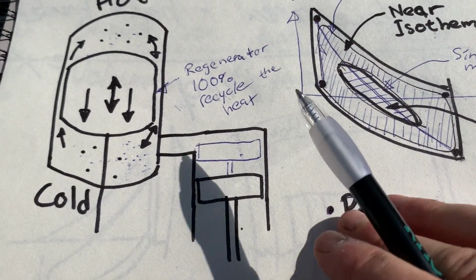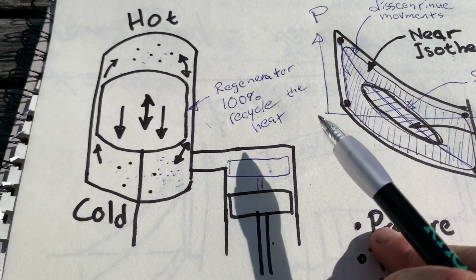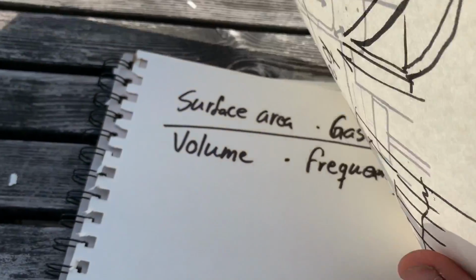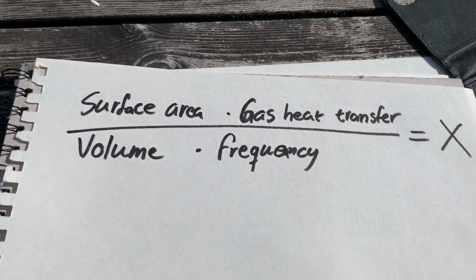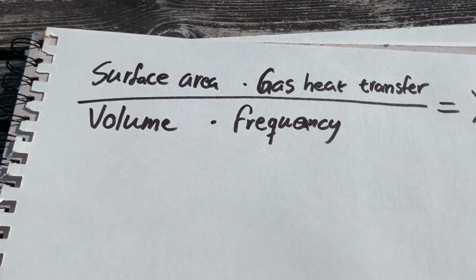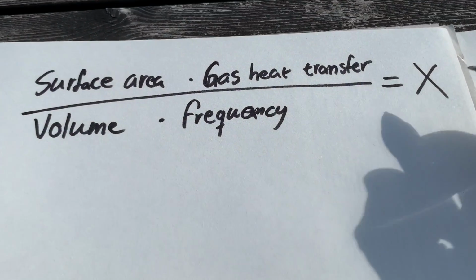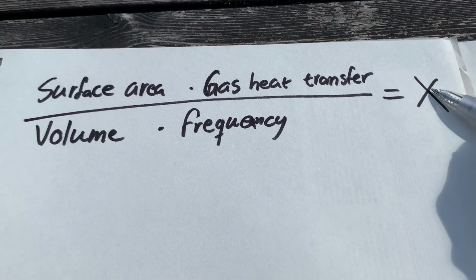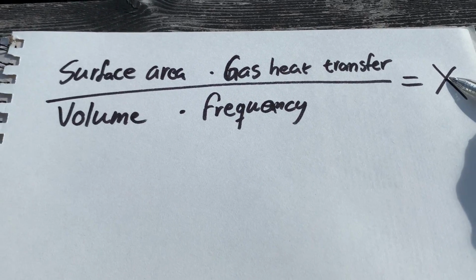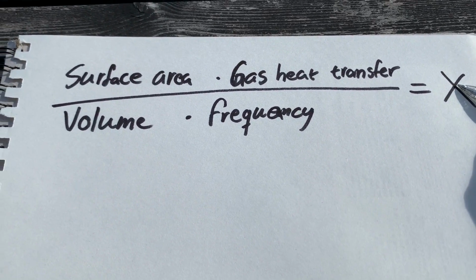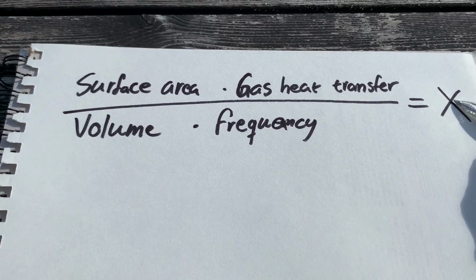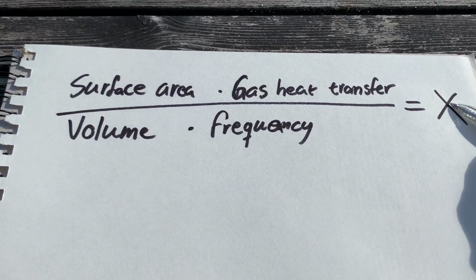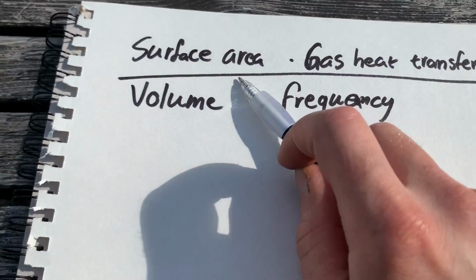And that's why I think a liquid piston Stirling engine is easier to build. This X value, you want that to be as high as possible to get the highest efficiency of your Stirling engine.